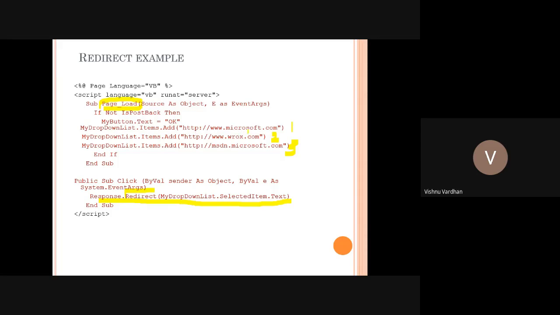One is microsoft.com, the second one is rocks, and the third one is again some other URL. After selecting from this drop down list, the user will click on this button. So as per the current selection of the user, that URL will be loaded in the browser. So in that way we can take the help of the response.redirect method, which is again given by the response object.